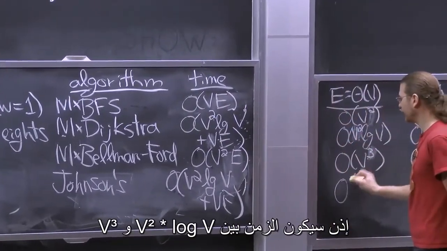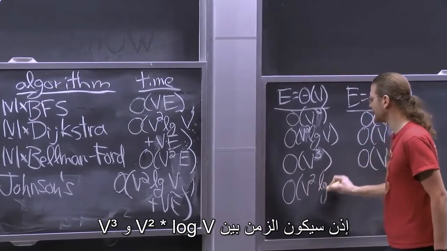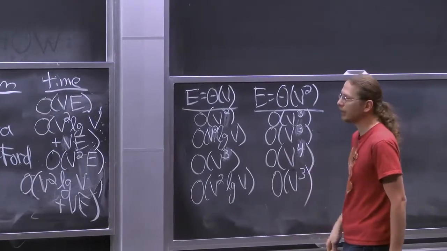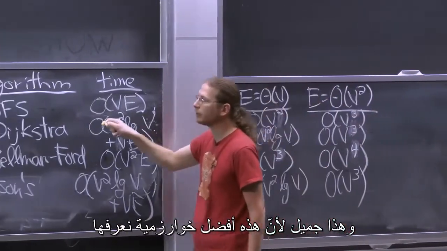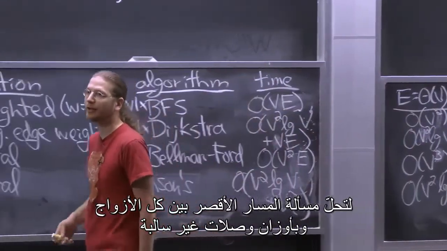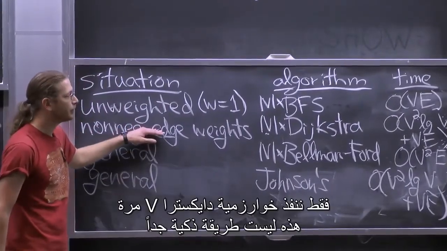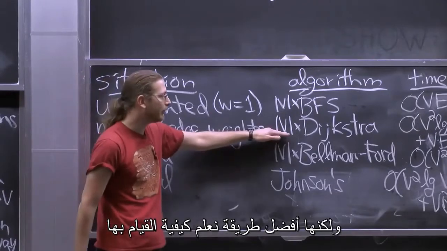So it's between V squared log V and V cubed. And that's cool, because this is the best algorithm we know for all pairs non-negative edge weight shortest paths, just running Dijkstra V times. Not very smart, but it's the best thing we know how to do.